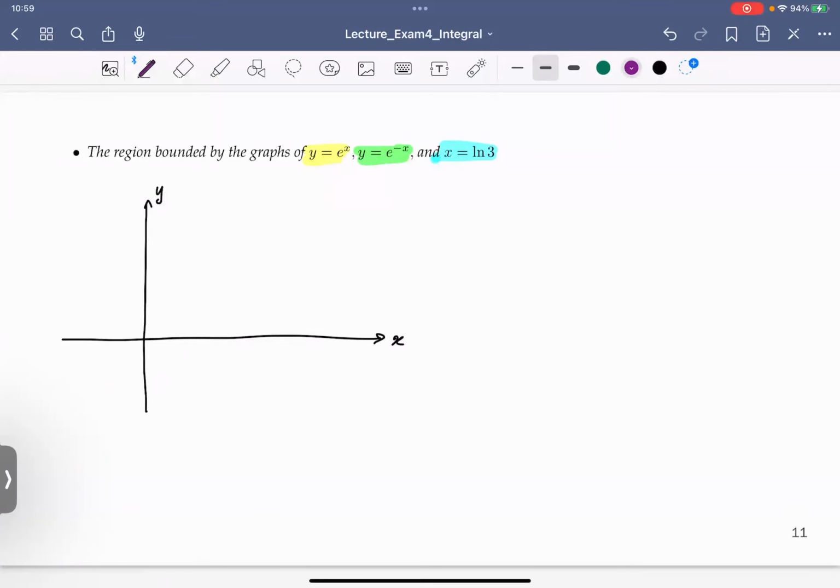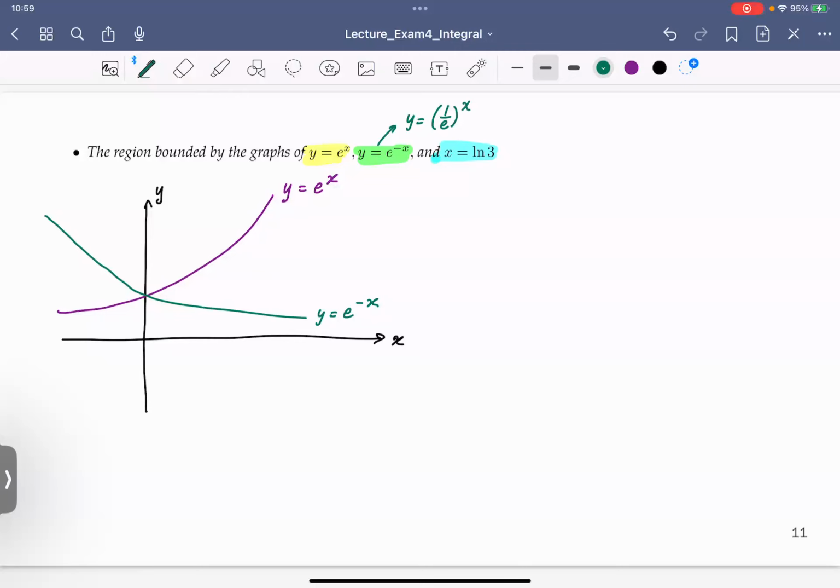Y equal to e to the x, the first one. The second one is y equal to e to the minus x. For those of you who already forgot how to draw the picture here, this is actually y equal to 1 over e to the x, right?